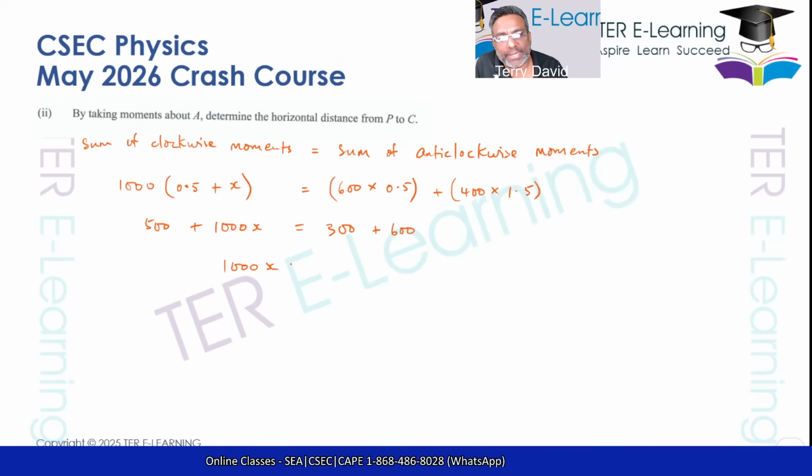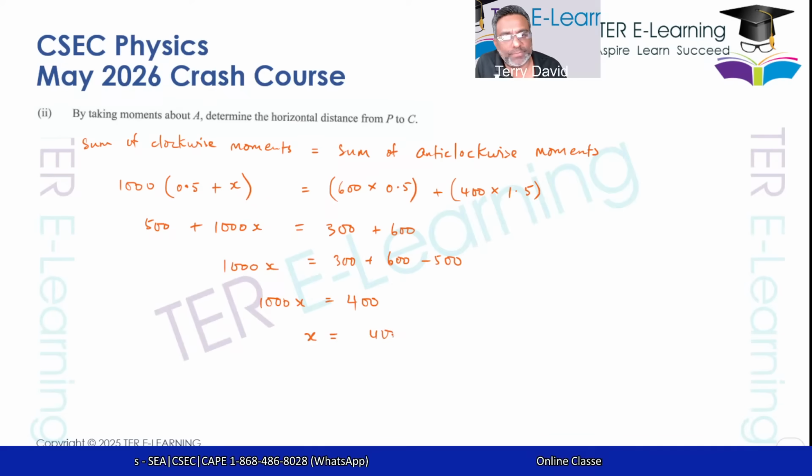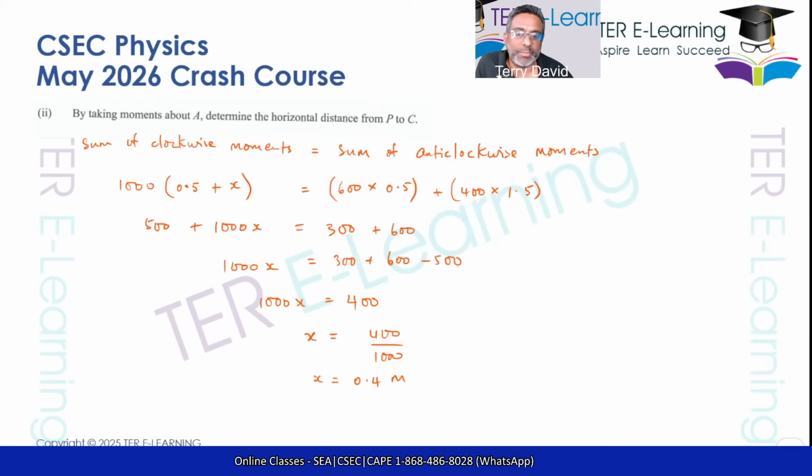So 1000x is equal to 300 plus 600 minus 500. So therefore 1000x is equal to 400. So therefore x is equal to 400 over 1000. x is equal to 0.4. Right? So lots of people got this question wrong though.